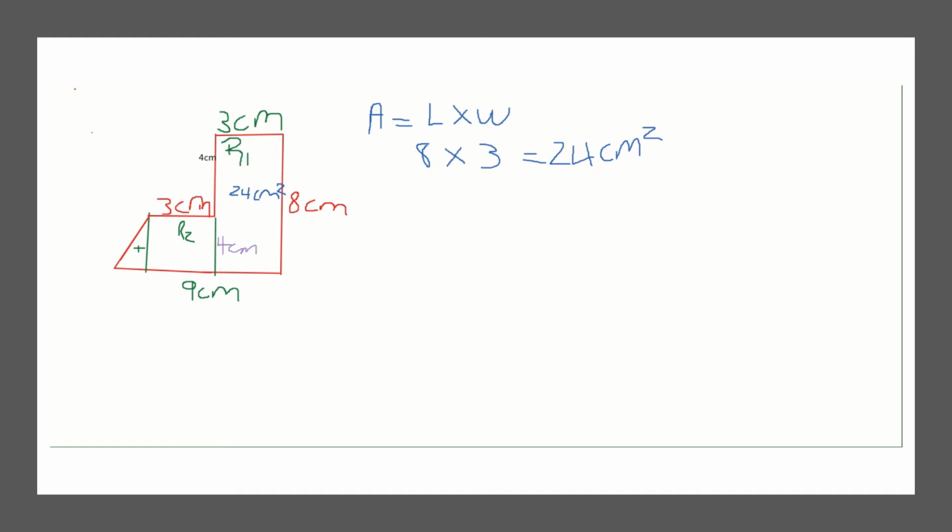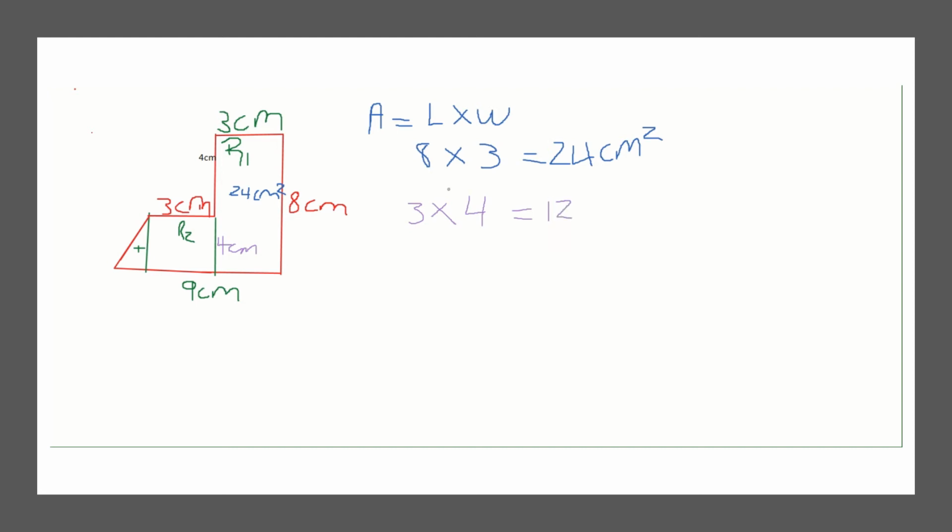Okay, so now that we have the length and the width of rectangle number 2, we can repeat the same process. The area of a rectangle is length times width. So that's 3 times 4. And 3 times 4, that's 12.